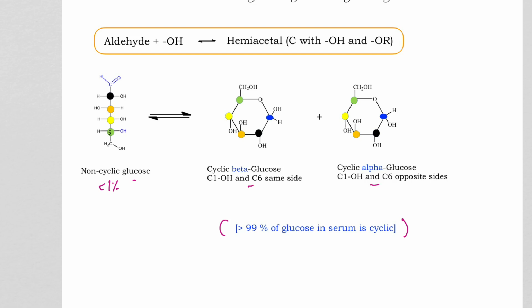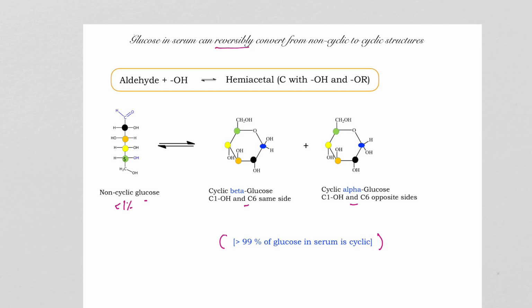Now remember, this arrow means reversible. This is a reversible reaction. That means this joining here can open up to give you back this.